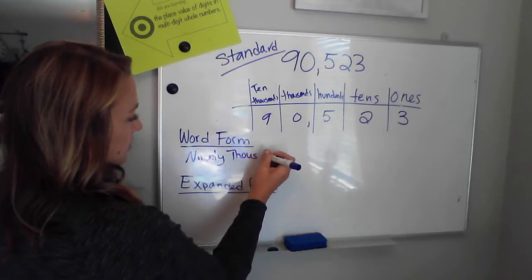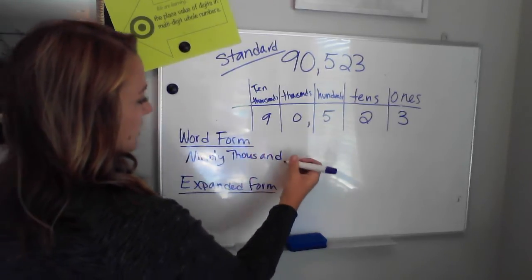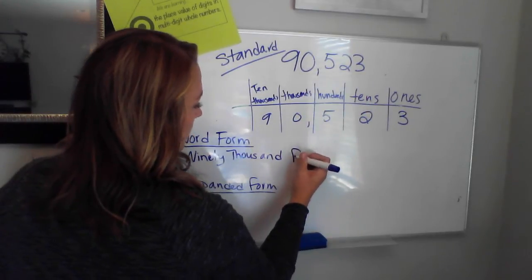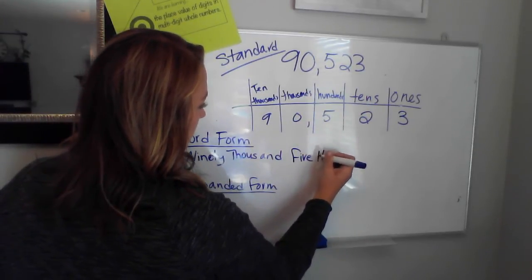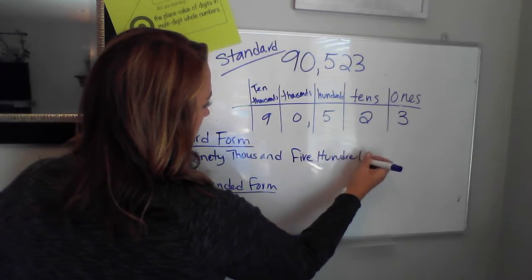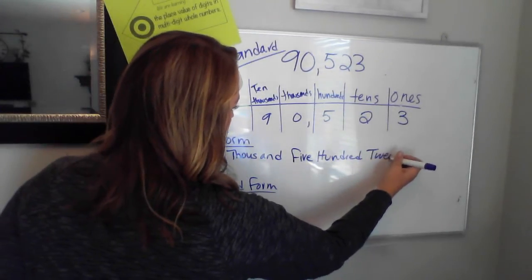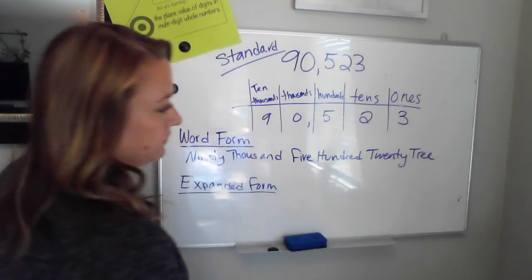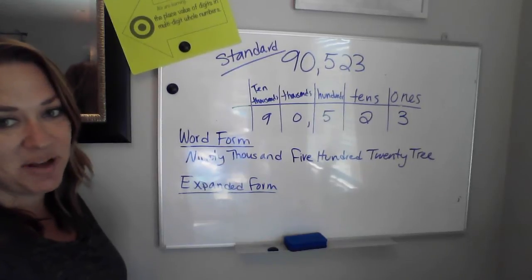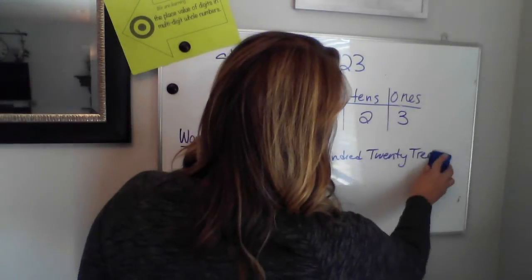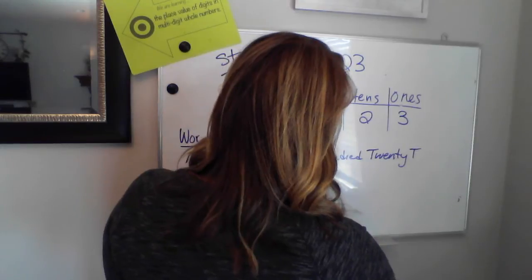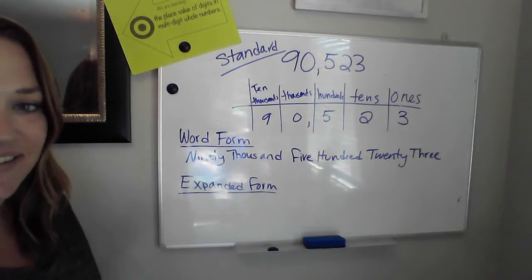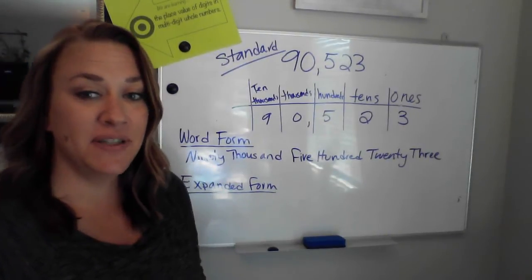And then 523. 523. Tree. You see that? I put tree. 23. Goodness. So 23, not tree. 23.